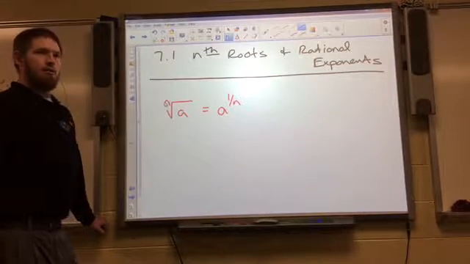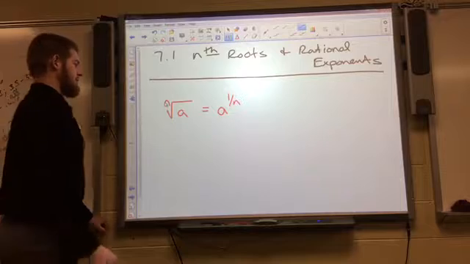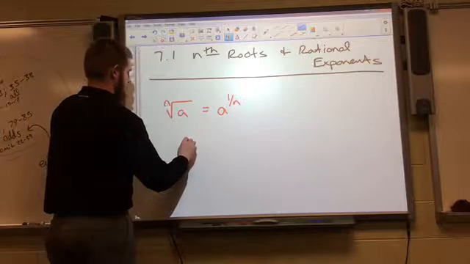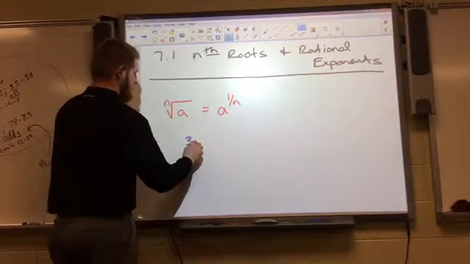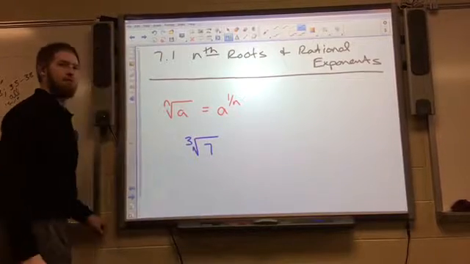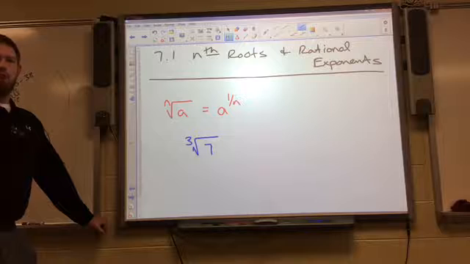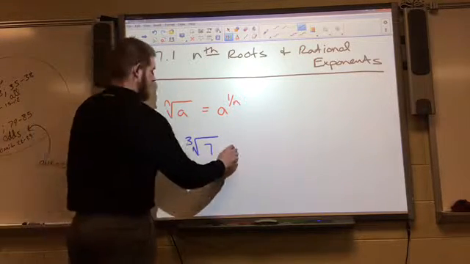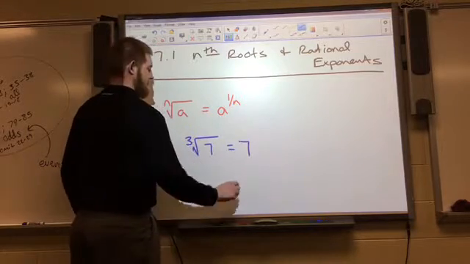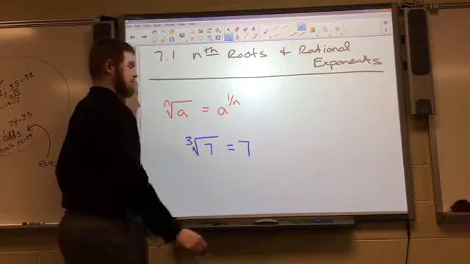For example, if I have the cubed root of 7, and I want to write that without radicals, I can rewrite that as 7 to the 1/3.